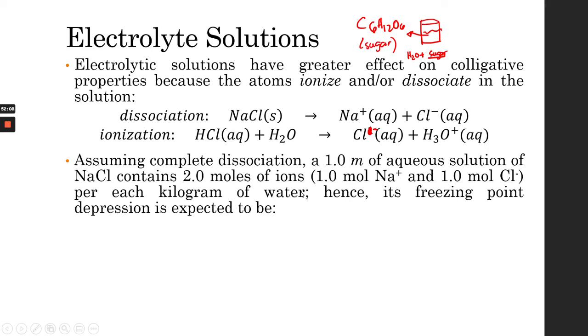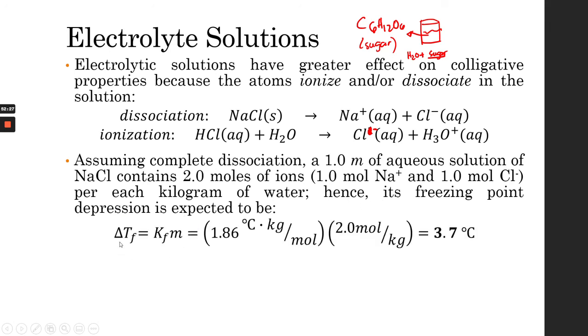Pero sa NaCl and sa weak acids, strong acids, sa mga electrolytes mo, mag-iiba yung number ng moles mo. Mas madami sila kasi nagdi-dissociate sila. So you have 2 moles of ions per each kilogram of water. Hence, its freezing point depression is expected to be just Kf m.